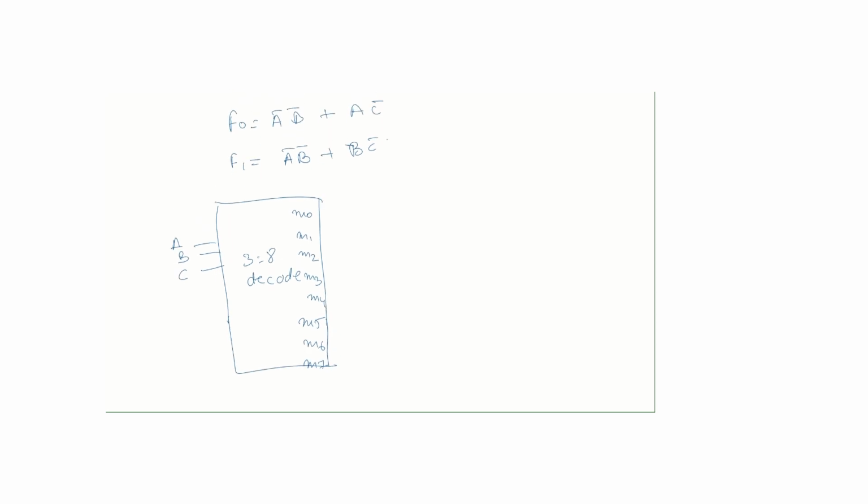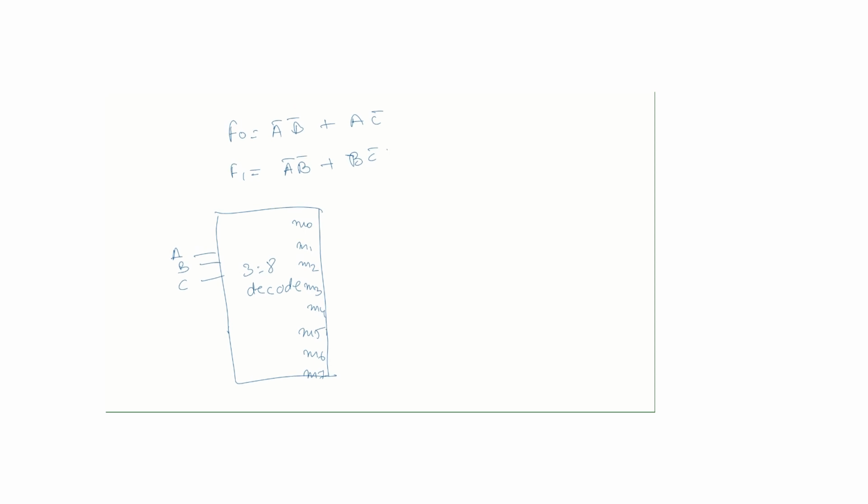So you can rewrite F0 as A bar B bar C bar plus A bar B bar C plus A B bar C bar plus A B C bar.